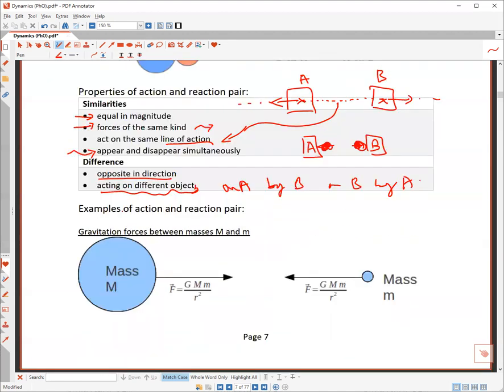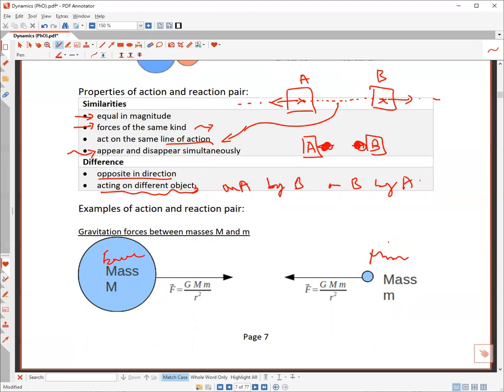So examples of action pairs are like the following. The gravitational force between the big M and small m. Let's say this is the Earth, and this is the Moon. The Moon exerts a force on the Earth, and also the Earth exerts a force on the Moon.